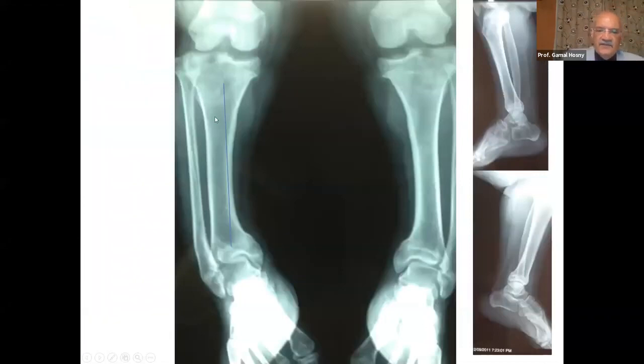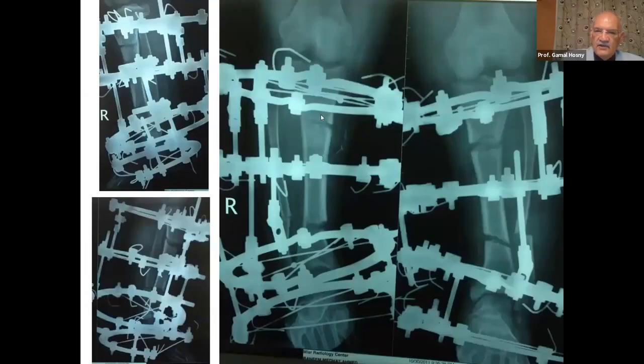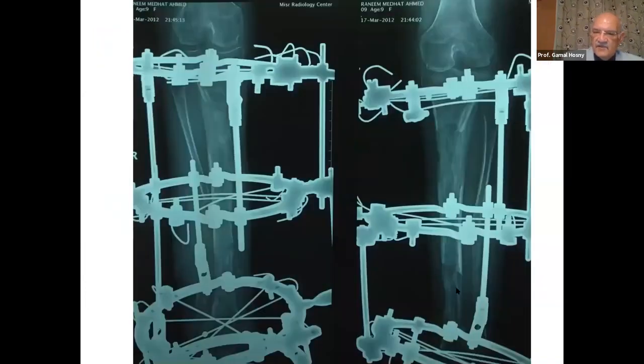Again, with the varus deformity, axis of the distal segment, another axis of the proximal segment, and we did two osteotomies to correct the axis and lengthening. So with long-standing achondroplasia and varus deformity, you need two osteotomies because you have deformity of the knee and you have deformity of the ankle.